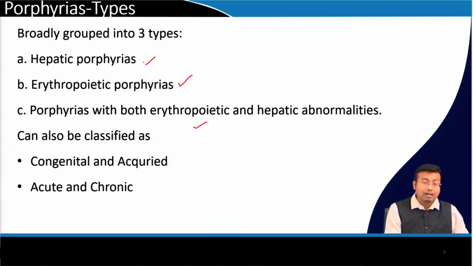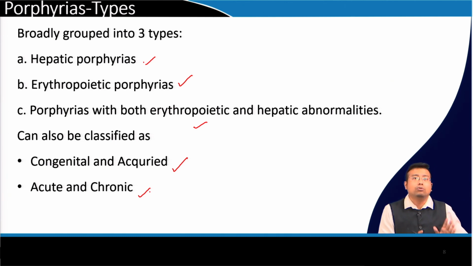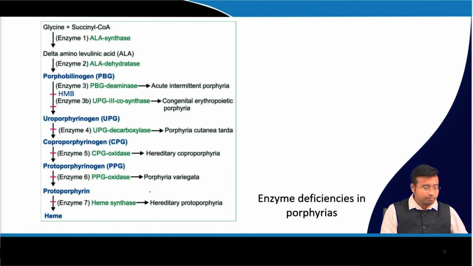There are some other ways the porphyria can be classified: congenital or acquired, acute or chronic. Even some porphyrias are also called cutaneous porphyrias and non-cutaneous porphyrias. So, depending on your textbook, or depending on the presentation of the patient, it can be classified in many ways. We will be discussing everything.